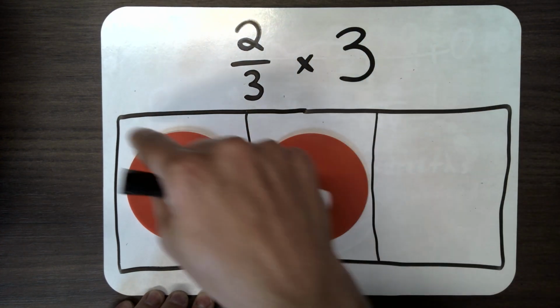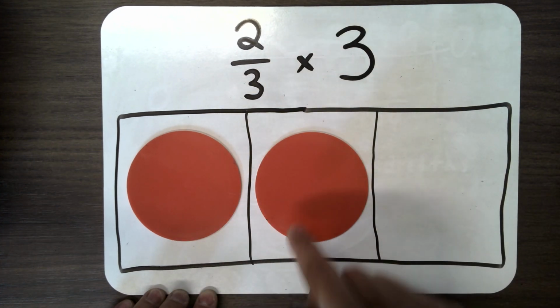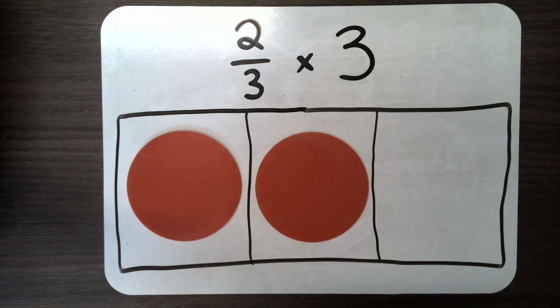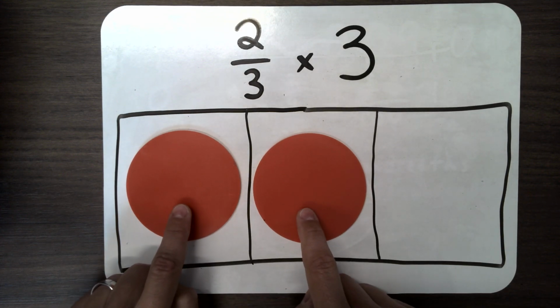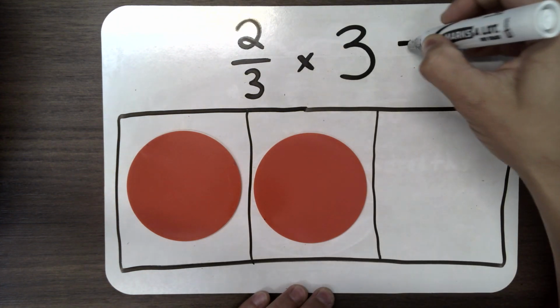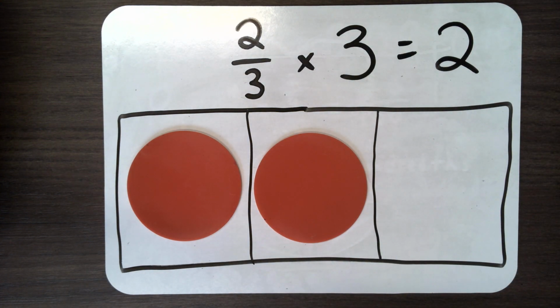Okay, so that group size would still have 3 objects in there, but we have 2 of the 3/3 that we need to create that whole group. So 2/3 of that whole group then is this whole and this whole. So it will just be 2. Okay.